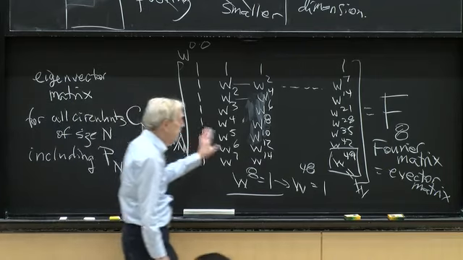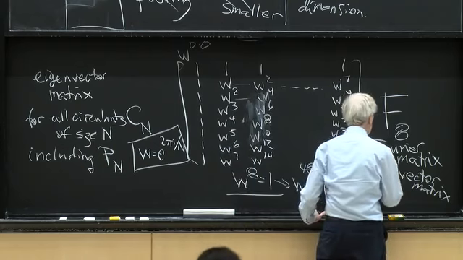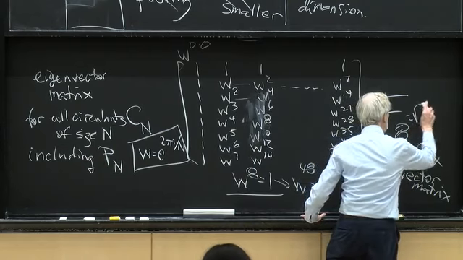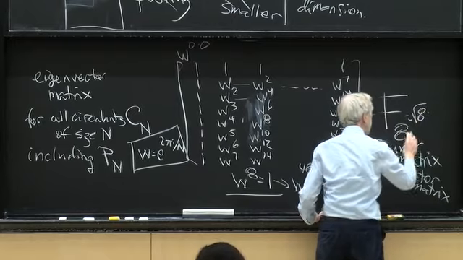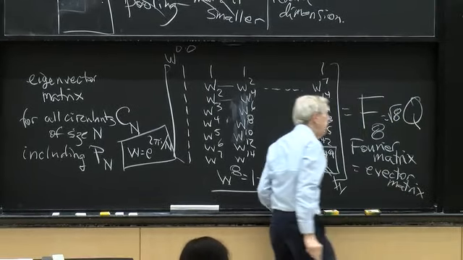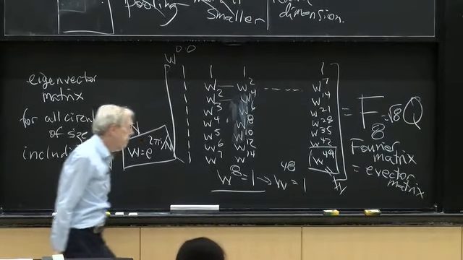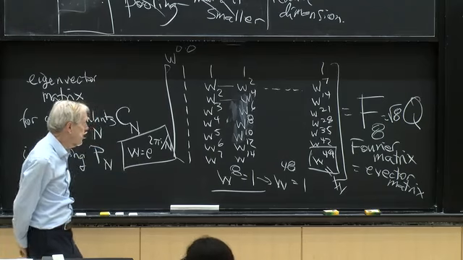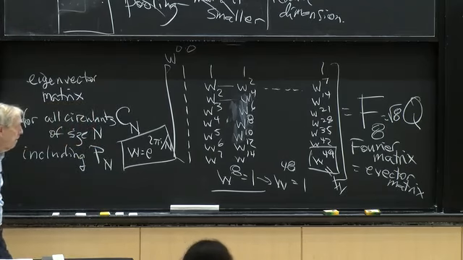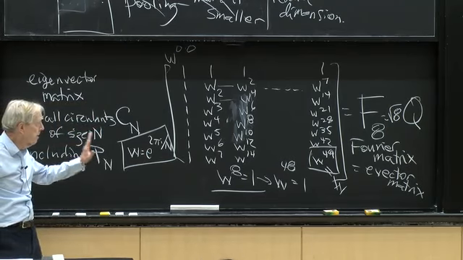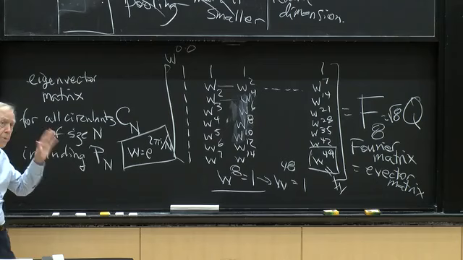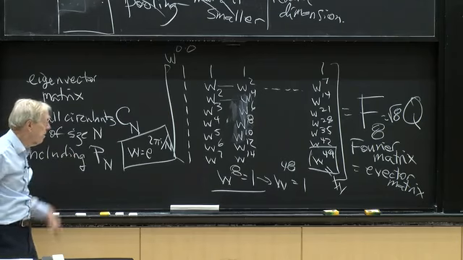So this is really the square root of 8 times an orthogonal matrix. And of course, the square root of 8 is just a number to divide out to make the columns orthonormal instead of just orthogonal.